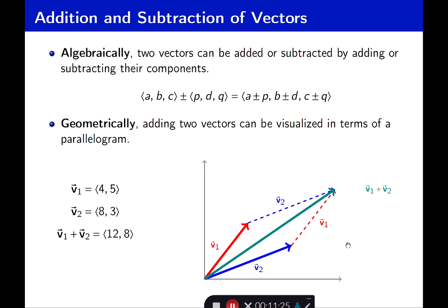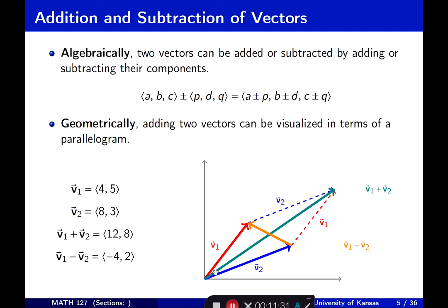How about subtraction? In subtraction, you have a triangular method, where you just connect the two ends. If it's v1 minus v2, then the direction should be toward v1, and the initial point should be at the end of v2.